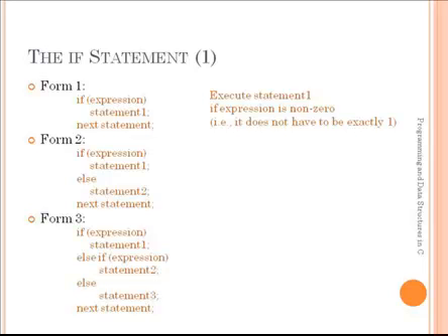Let us assume expression 2 is also false, then it will go to the next else if block. If there are no else if blocks, it will go to the else block and execute statement K. After executing statement K, it will go to the next statements.